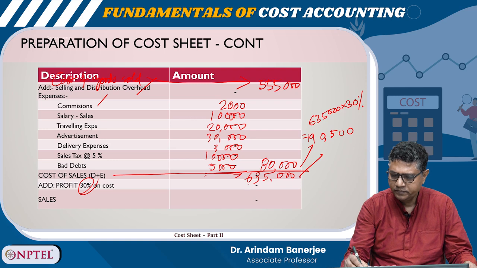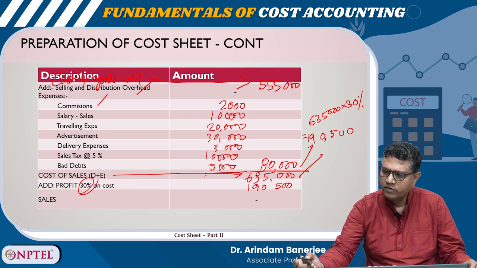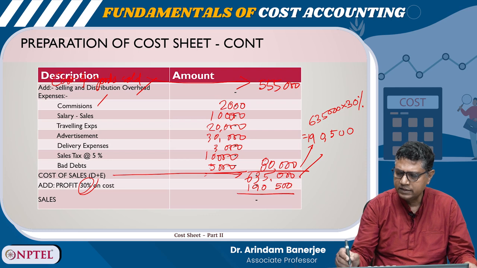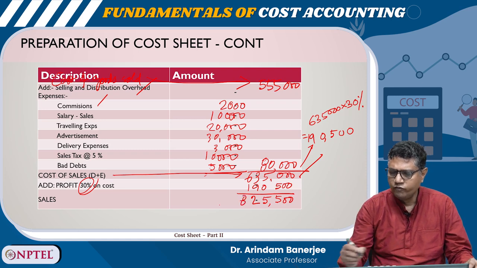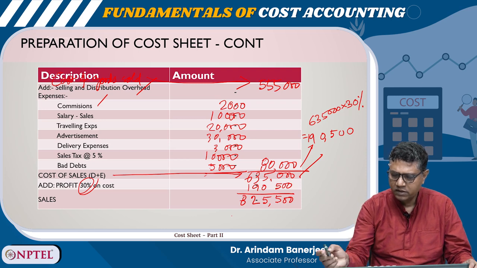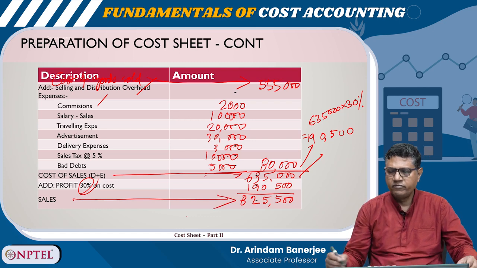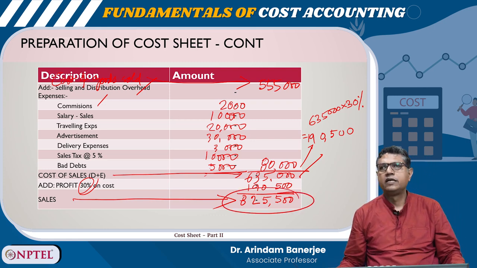It is 190,500. Let's check it again. If you add this, then it will be 825,500. Let's check the addition again. 825,500, fine. So, this is my sales value.